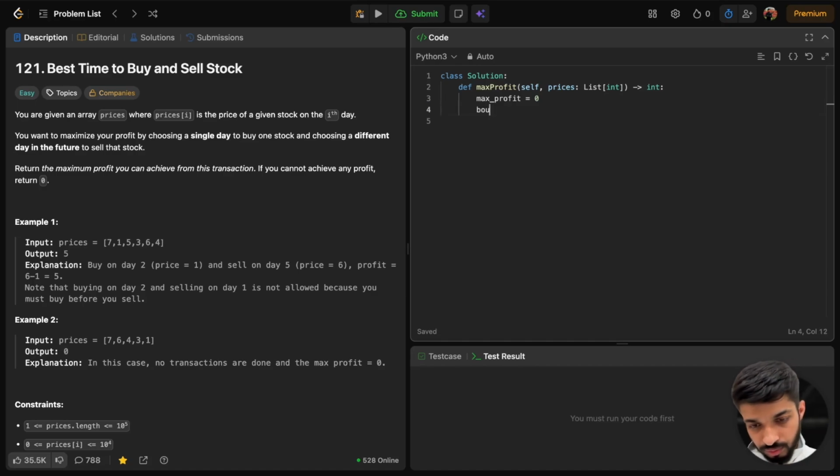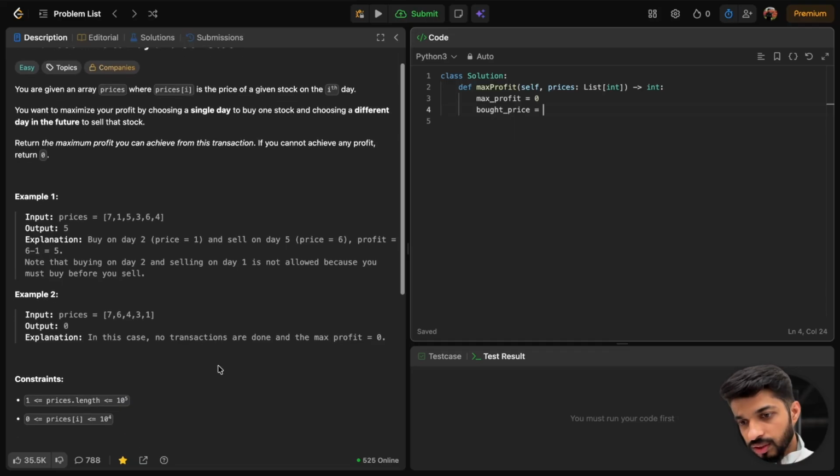What next we need to do? Bought price. What will be the bought price? Let's say initially we bought that stock at a very high amount, let's say into max or something, right? The maximum price is 10 to the power 4, or you can do one thing, max of prices.